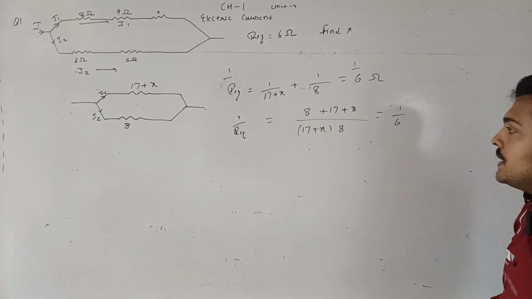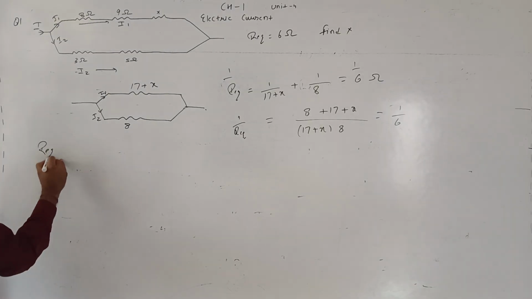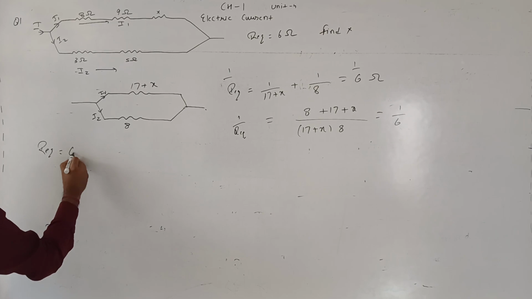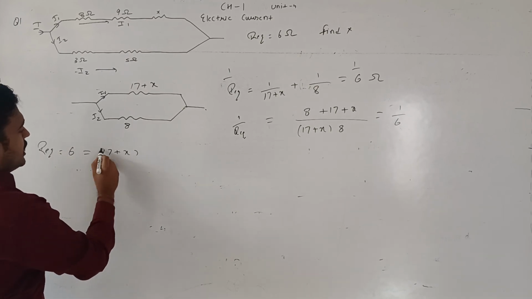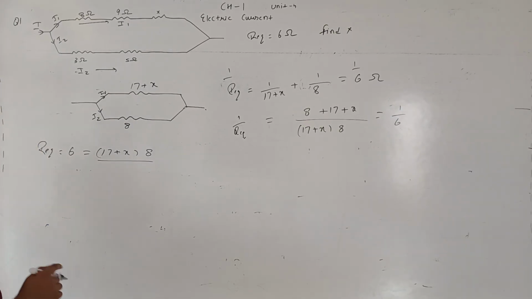So taking the reciprocal, R equivalent, which is 6, is equal to (17 plus X) into 8 divided by (17 plus 8 plus X).